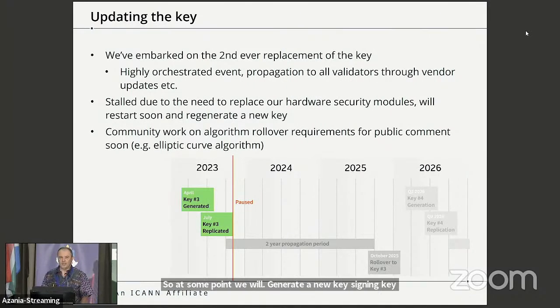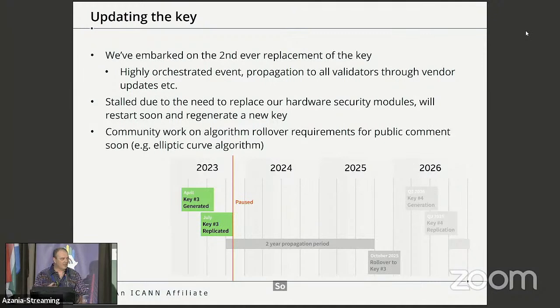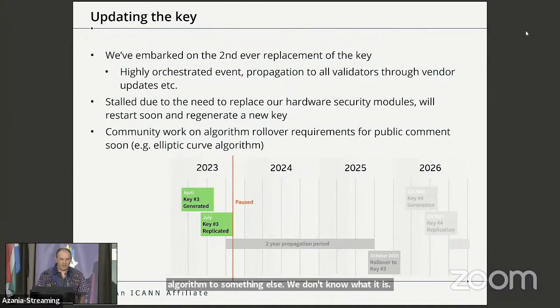We're also looking at the problem of algorithms. So Yazid was talking about SHA-256 and the various different algorithms. At some point, we're going to need to upgrade that algorithm to something else. We don't know what it is. Obviously, every engineer has his own idea about what it is, and I'm sure there'll be lots of interesting discussion about not only which algorithm, but how we roll the algorithm.